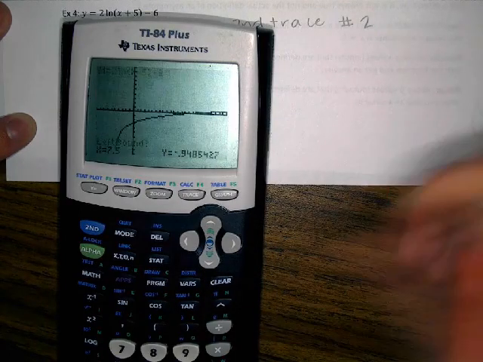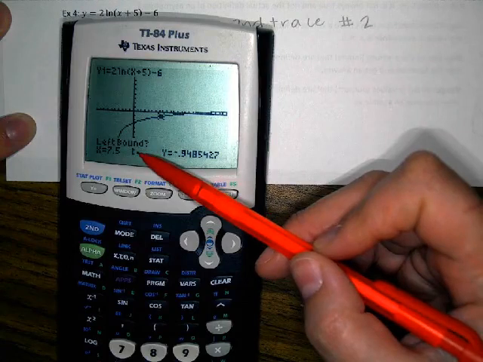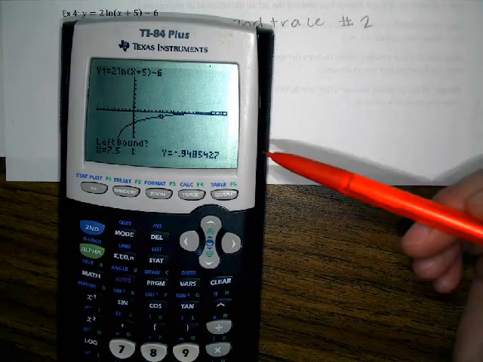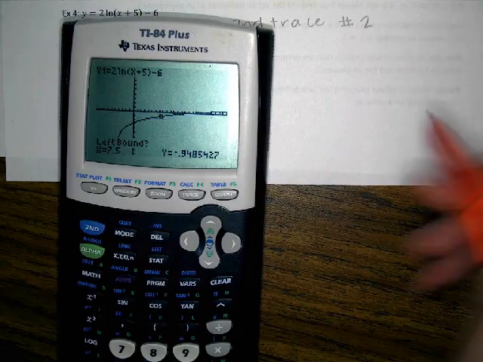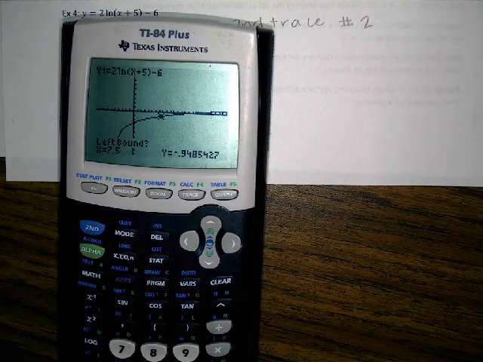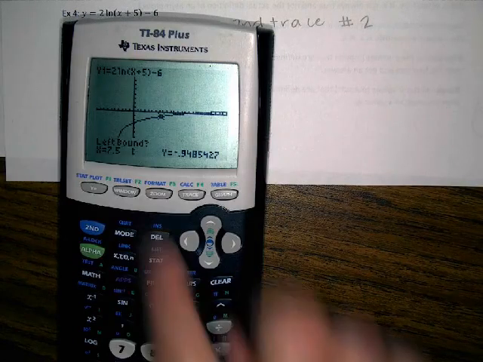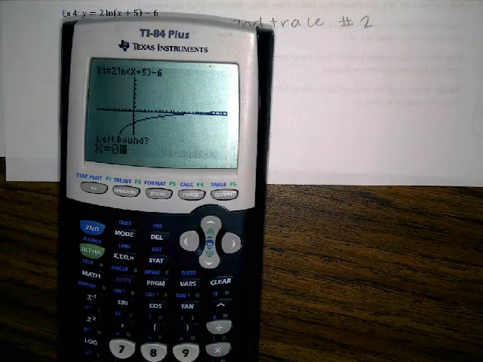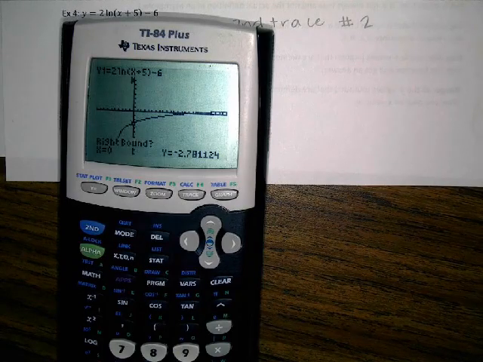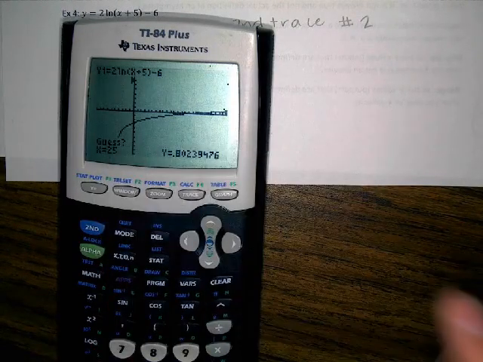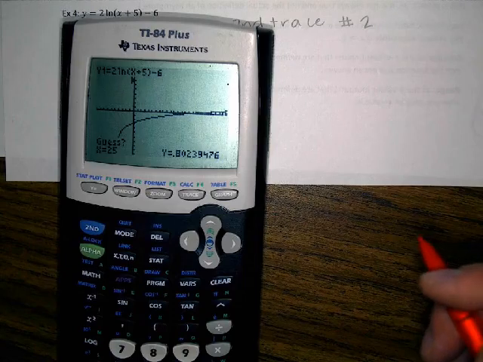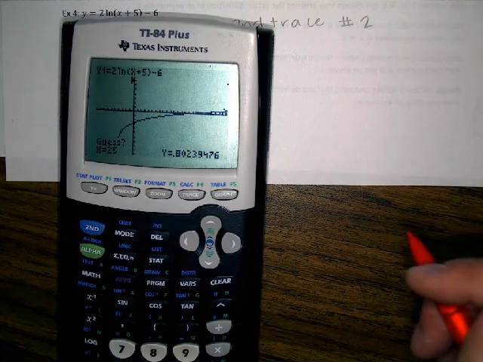I know the answer is somewhere between 0 and 25, so I'm going to tell the calculator to look between 0 and 25. When it says left bound, I type 0 and press enter. Then I type 25 and press enter. When it says guess, I ignore the guess and press enter one more time. Go ahead and do that.